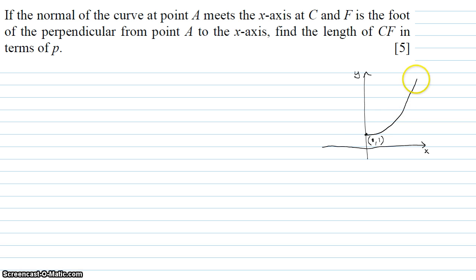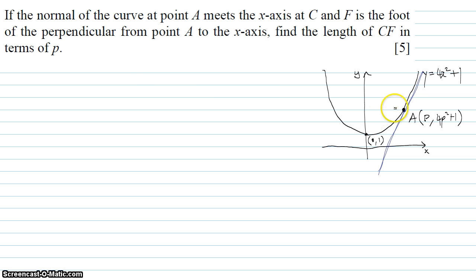And we know the curve looks something like this, a bit less lumpy, a bit less potato-like. And we know that this is the point A, (p, 4p squared plus 1). This is the curve y equals 4x squared plus 1. And we've got the tangent passing through that point with gradient 8p.